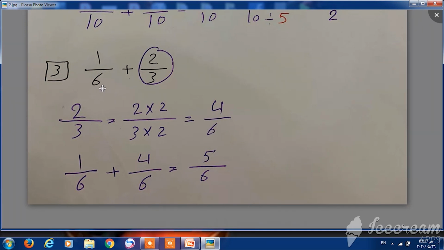We get the same denominator, and we multiply 2 also by 2. We get 4 over 6. We put this new fraction in place of 2 over 3, and we add them. 1 plus 4 equals 5, and you keep 6. We get 5 over 6.